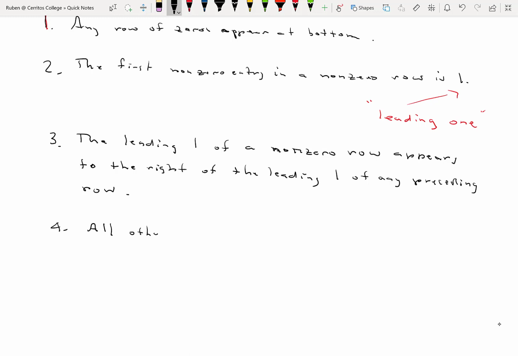All other entries of a column containing a leading 1 are 0. Now columns, remember, go up and down. Rows go left to right, columns go up and down. So if you have a leading 1, all the other entries of a column that contains that leading 1 must be 0. That means we have 0s above and below leading 1s.